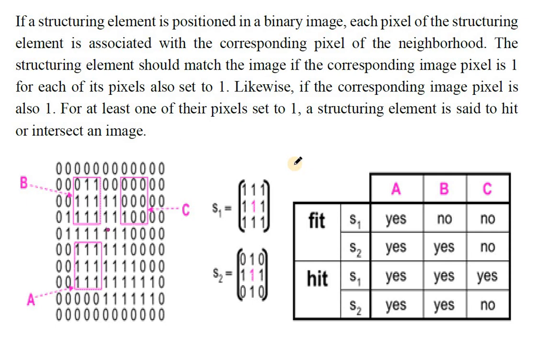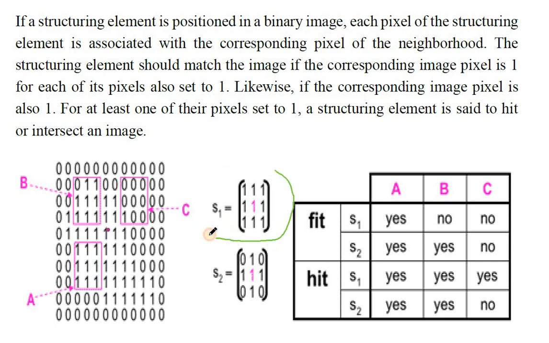Okay? So वहाँ पे जैसे फिल्टर या कर्नल का काम होता है, वैसे ही यहाँ पर morphological operations में you have a structuring element. Okay. Now, if a structuring element is positioned in a binary image, each pixel of the structuring element is associated with the corresponding pixel of the neighborhood. Neighborhood किसका? Image का.